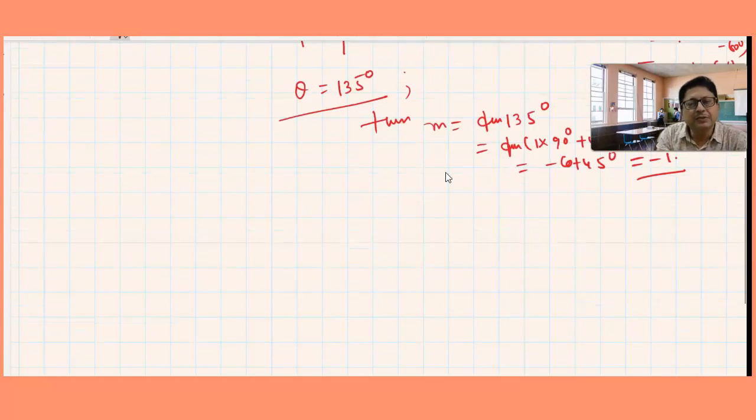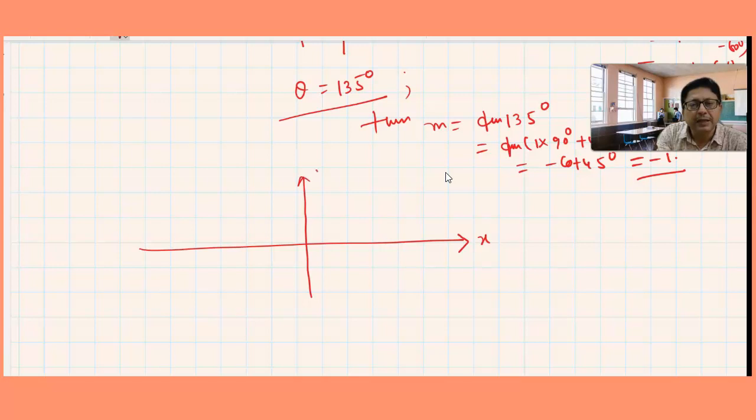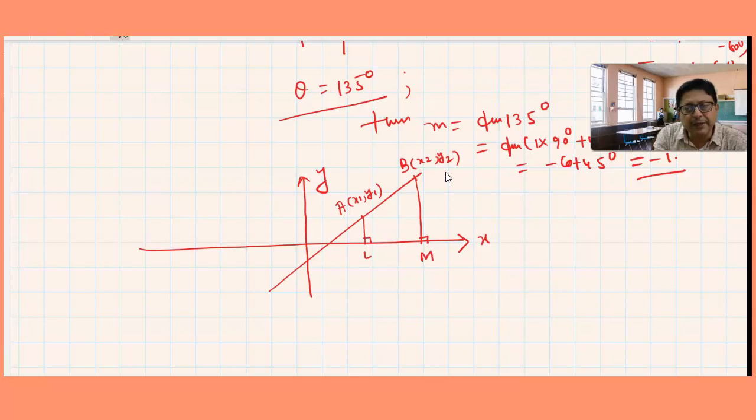Now, is it possible to get the slope of a line in terms of points on it? Suppose a line is there, on it 2 points are given. Points are x1, y1 and x2, y2. Draw perpendicular here, AL, and this is another perpendicular, BM.